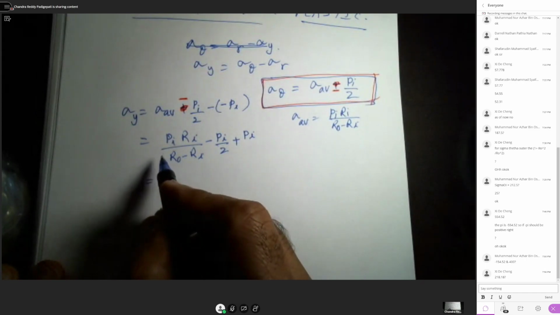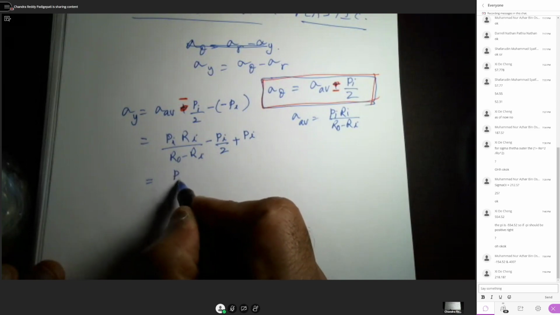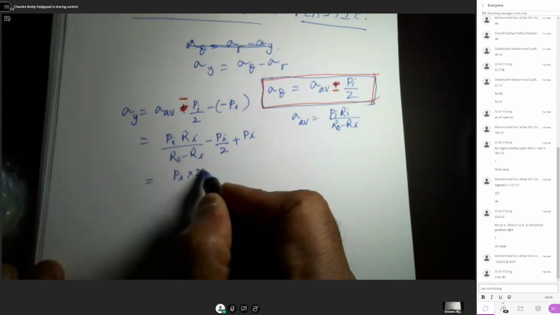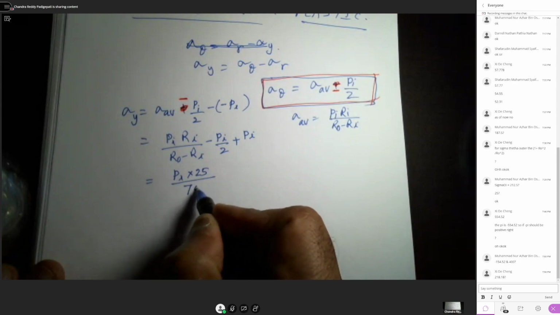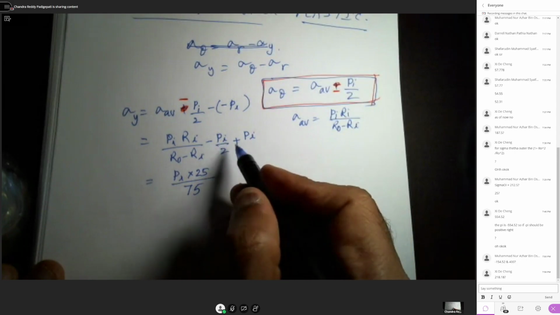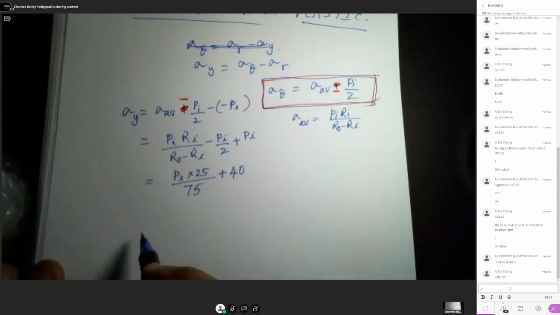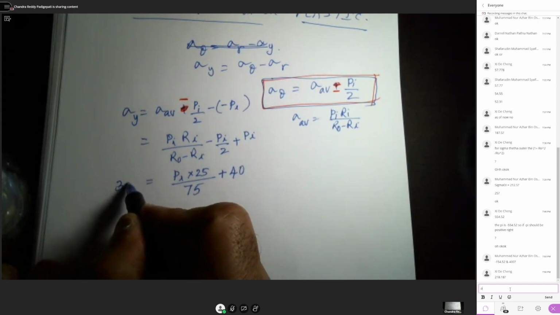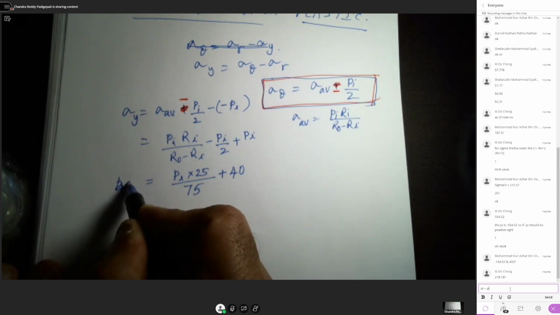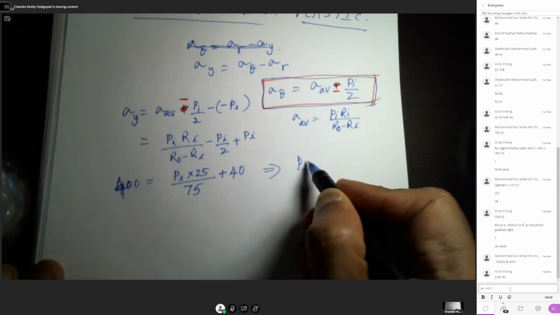So pi is unknown, ri is 25, ro minus ri, 100 minus 25, 75. So this will be plus pi by 2, plus 40. So this side you will have 300, 400. So solve for pi.